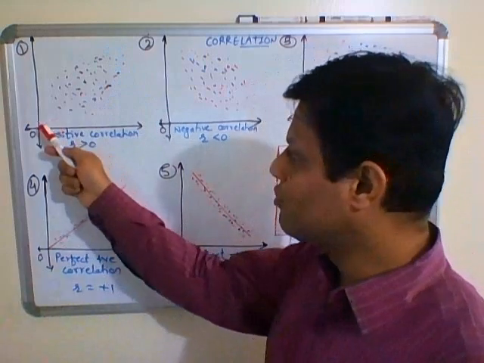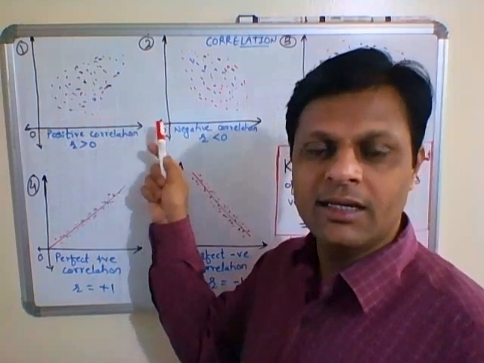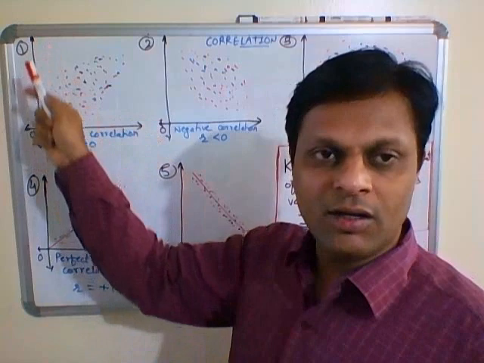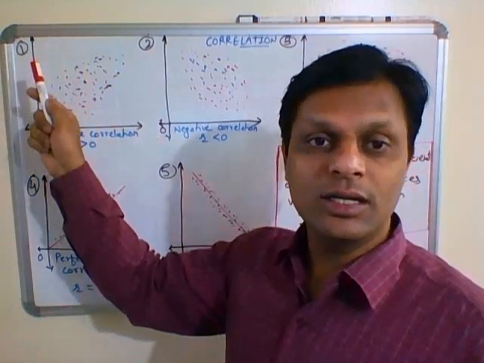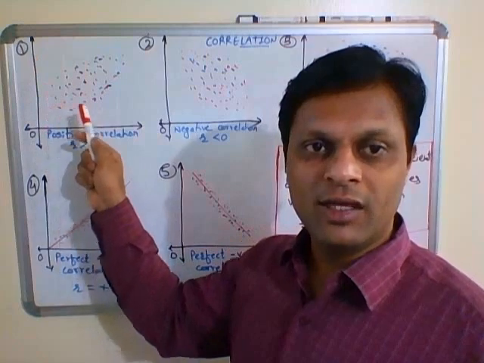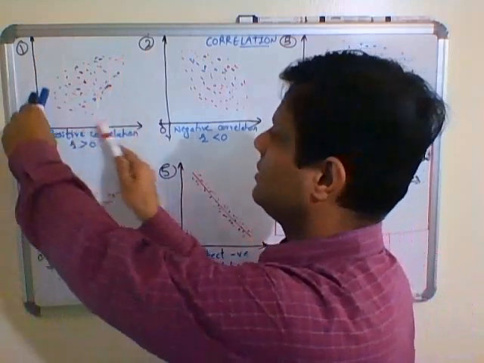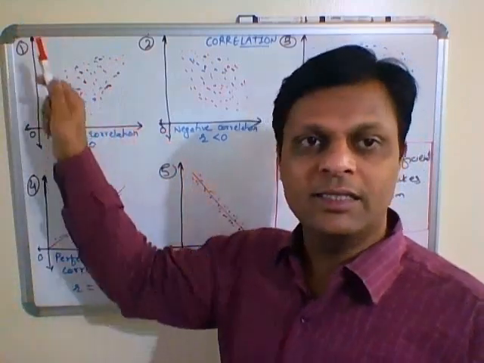If you move to the right on the x-axis, the demand is increasing, and if you move upwards on the y-axis, the price is also increasing. So we are moving on both axes; demand is increasing, price is increasing.